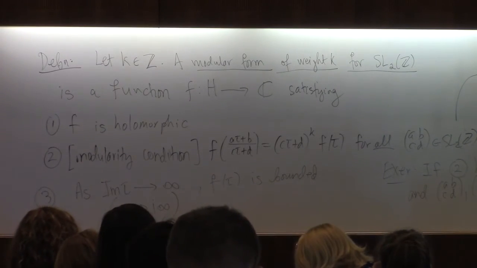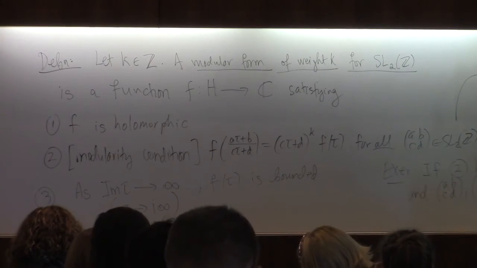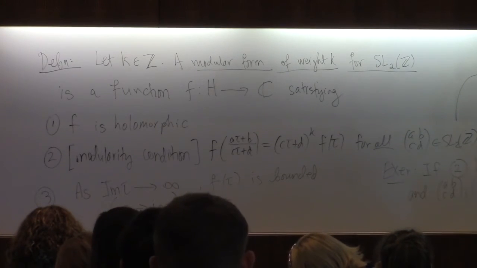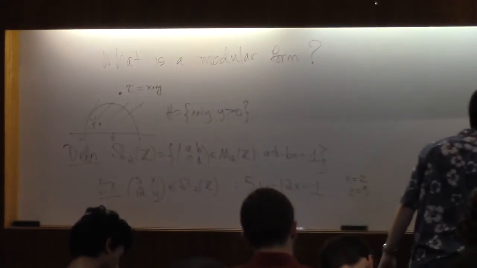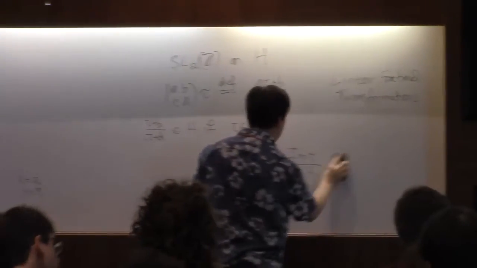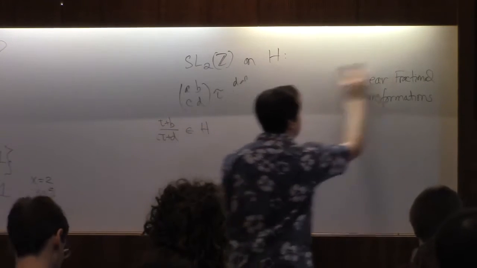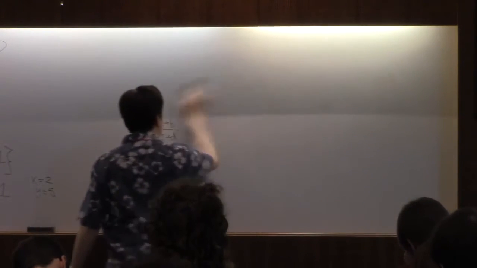And so therefore, this infinite set of conditions actually turns into just a finite set of conditions. In fact, two conditions to check, because the group SL2Z turns out to be generated by two matrices, and in fact, I just wrote them down over there on the right, so I'll tell you what they are. And then we'll be ready to give some actual examples of modular forms.